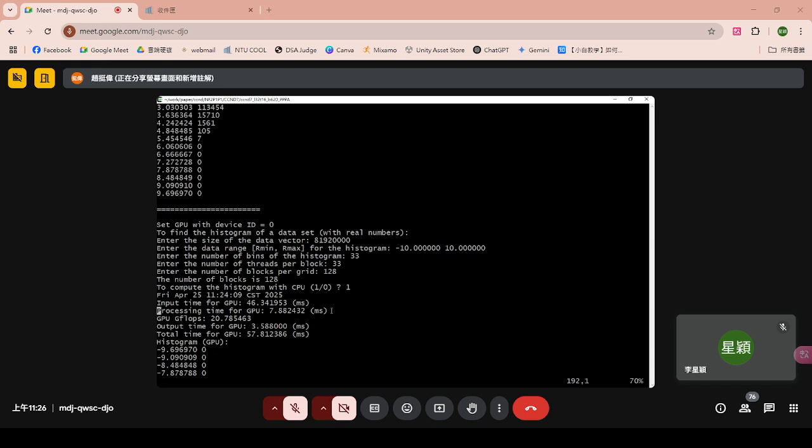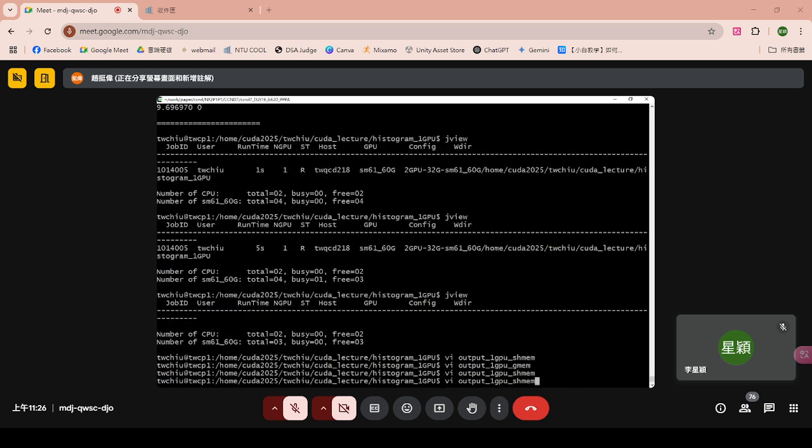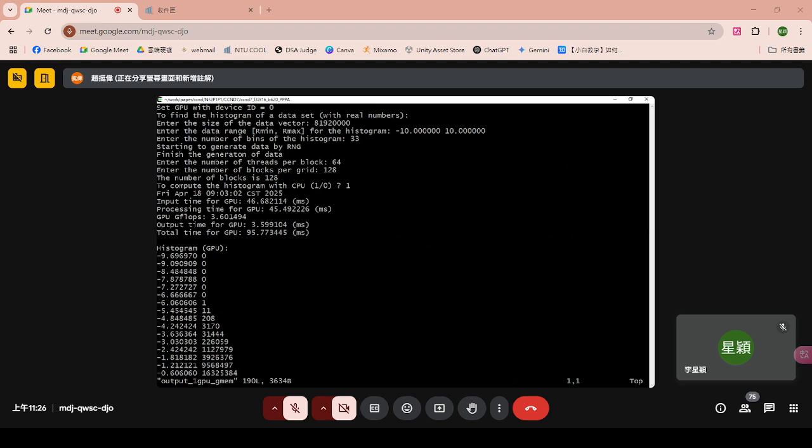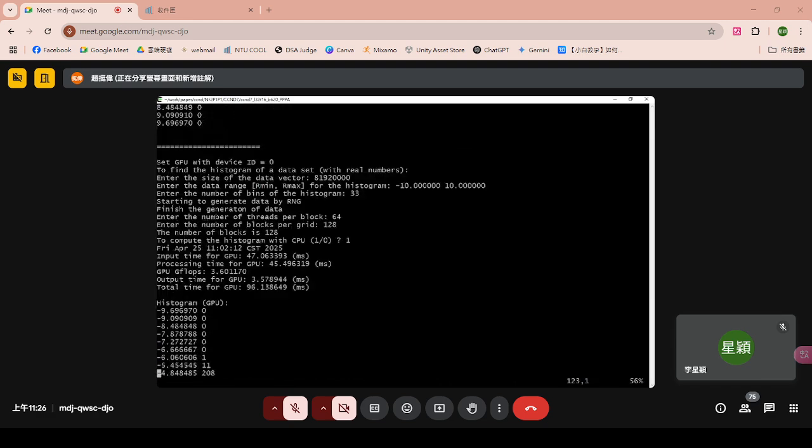So it's many times faster. 8 milliseconds versus 45 for the global memory, so it's more than 5 times faster.